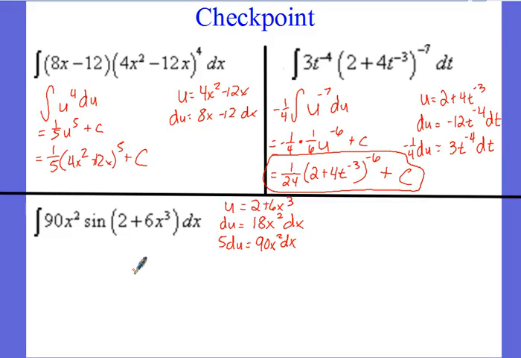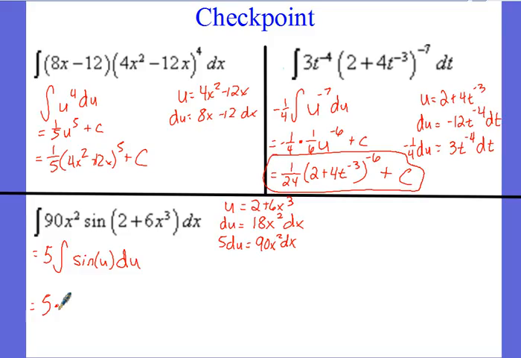So then what is my integral? 5 integral of sine of u du, because the sine stayed, right? And then now integrate. The 5 is going to stay. What's the integral of sine? Or basically, what am I asking? What derivative gives you sine?